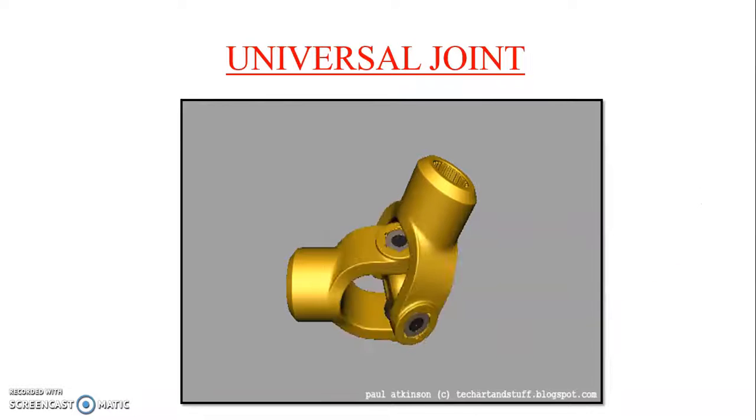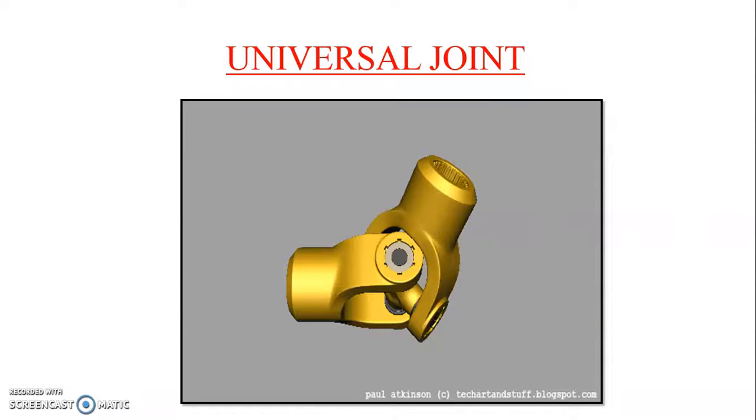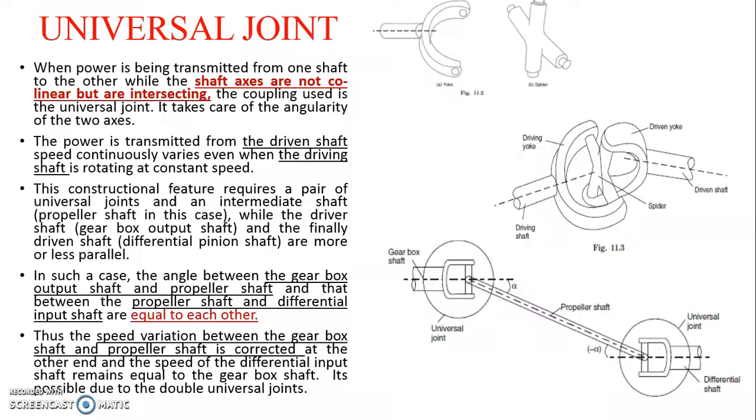Okay, now we have seen the universal joint. A universal joint is used when the driver and driven shafts are at some angle. We have to transmit power through angular shafts, and this is possible. Here we are using two universal joints: one between the gearbox and propeller shaft, and the second between the propeller shaft and differential shaft.